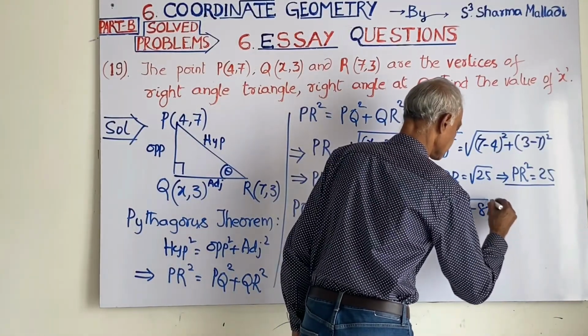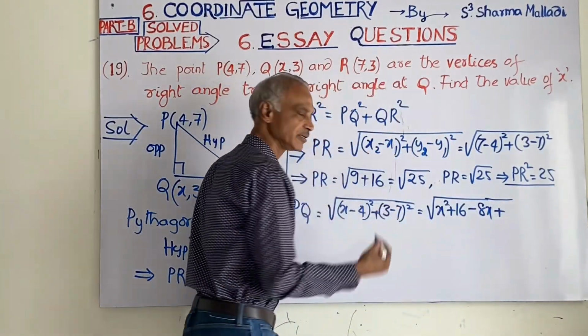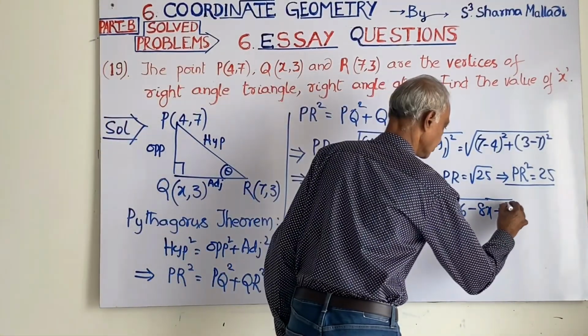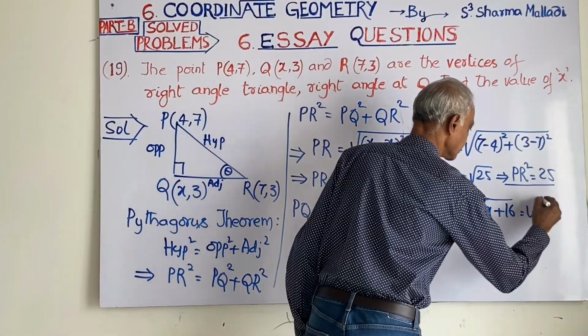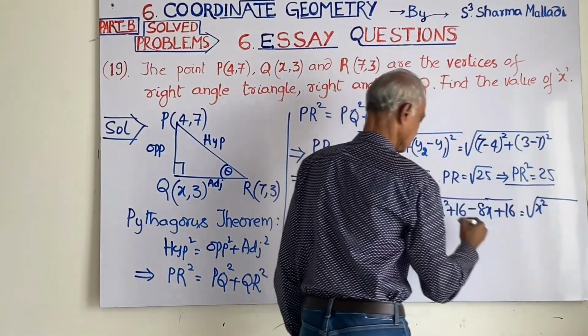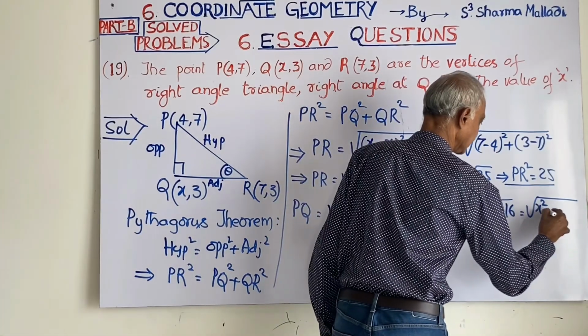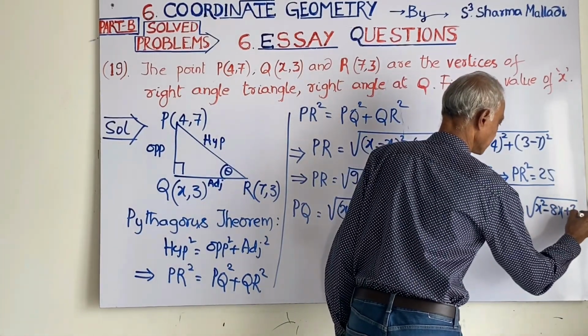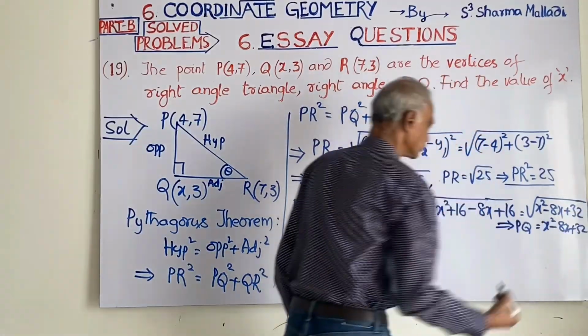Next, plus 3 minus 7 whole square, minus 4 whole square means 16. You will get x square minus 8x plus 16 plus 16, plus 32.